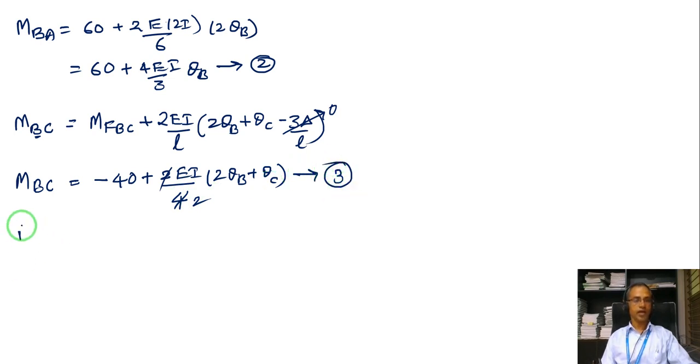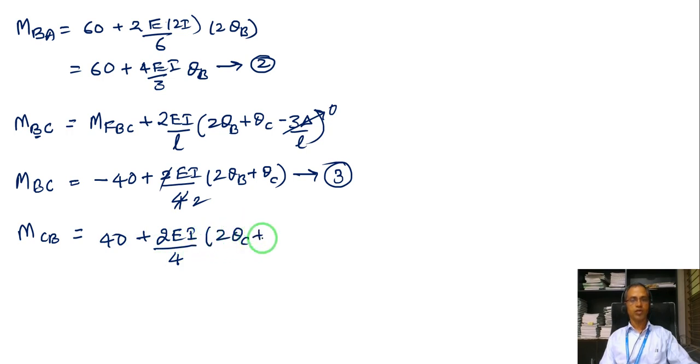And let us write MCB, the same equation, MFCB, which is 40 plus 2EI by L, which is 4, into 2 theta C plus theta B minus 3 delta, which is 0. So I will not write. So this again is a half.